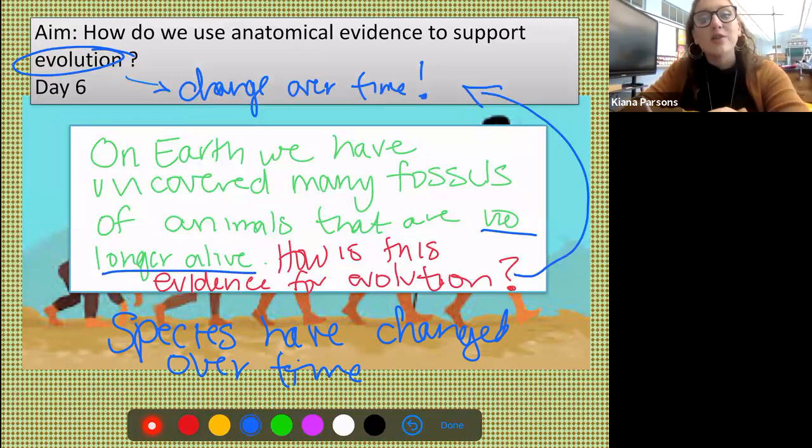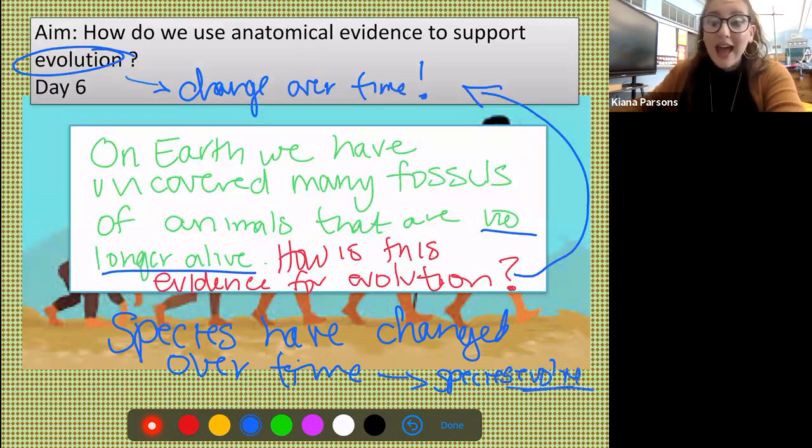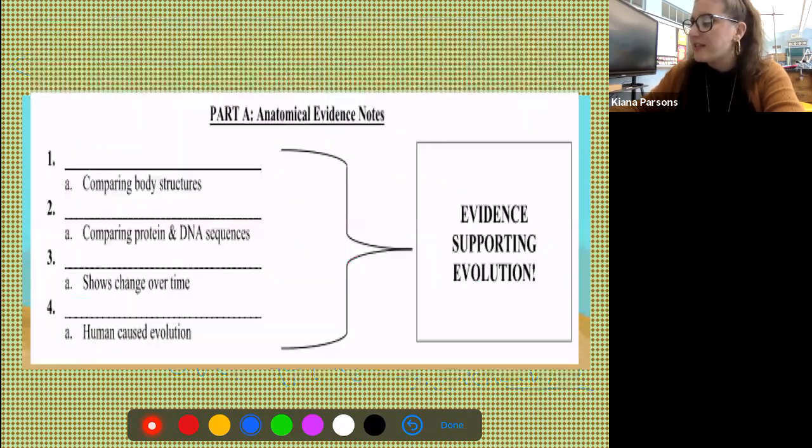They are different. So this gives us evidence that species change over time, or species evolve. We're going to look at how they evolve in today's notes and also when we conduct one of my favorite labs during this unit, beaks of finches.